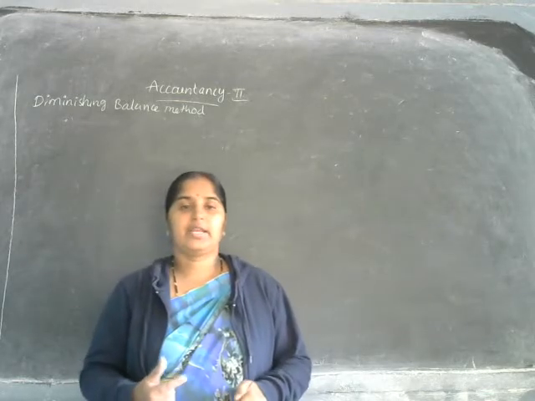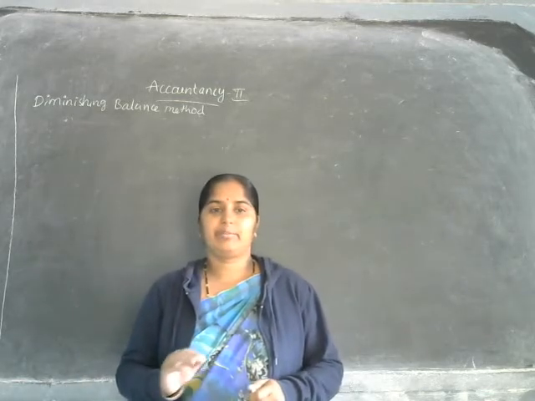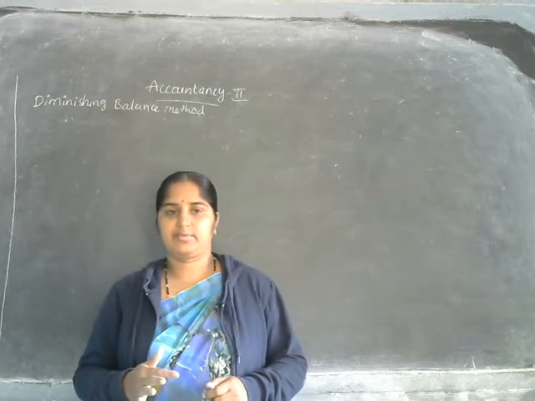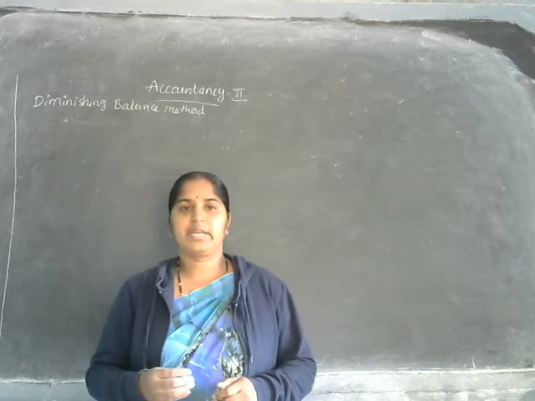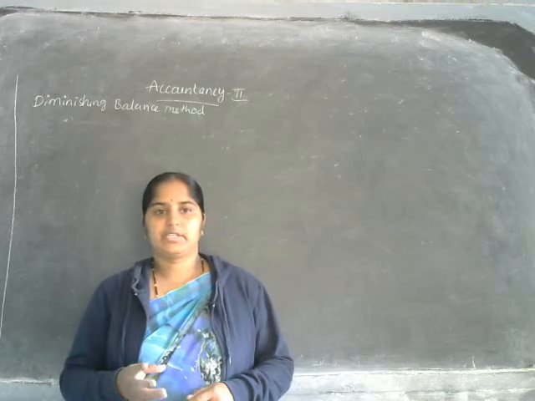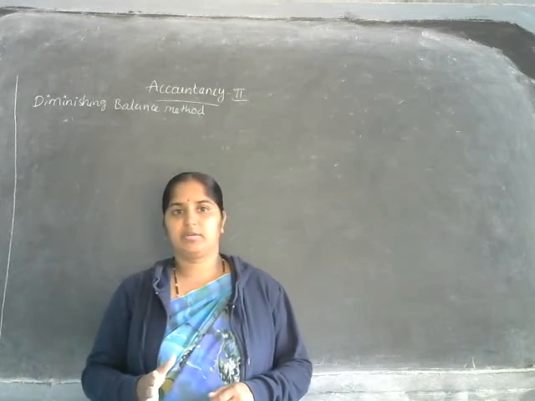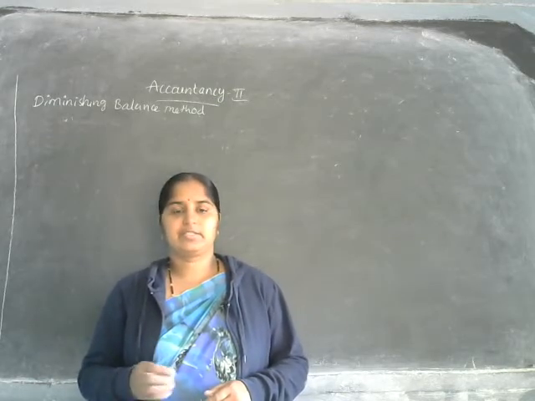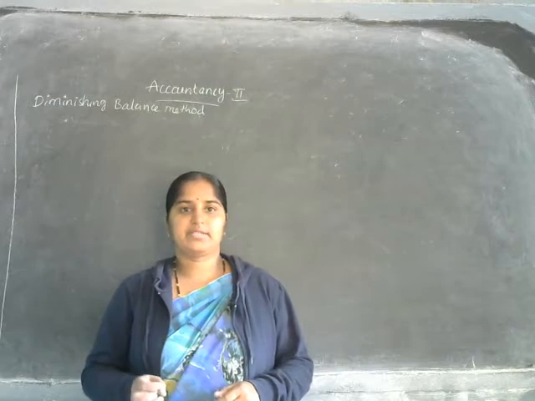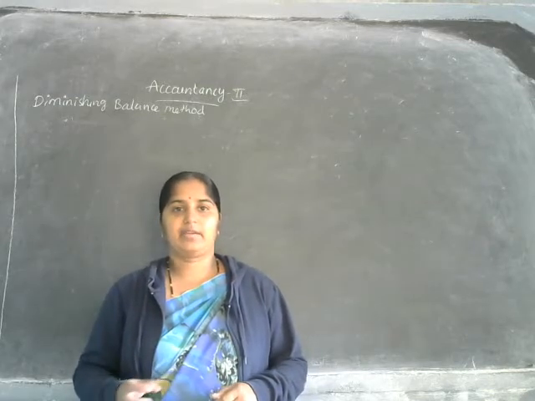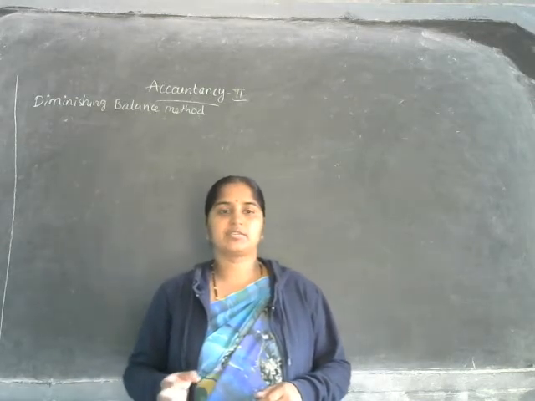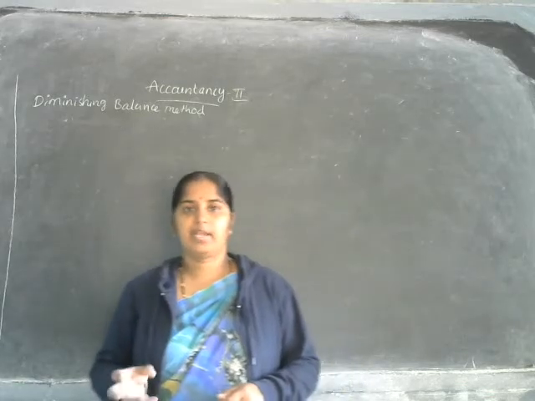Now compare the straight line method and the diminishing balance method. In the straight line method, we calculate depreciation in the first year on the original cost, and for the subsequent years the same amount is carried.